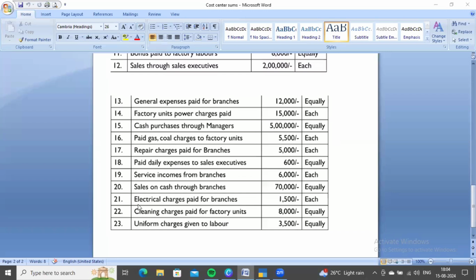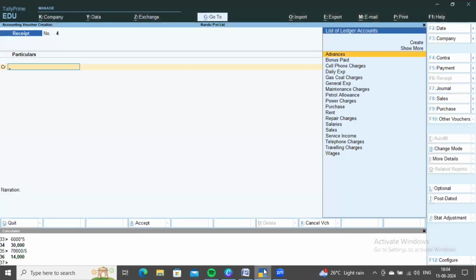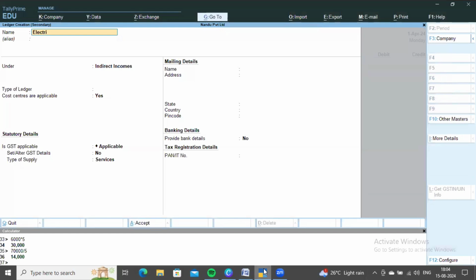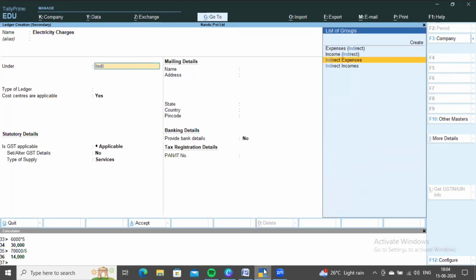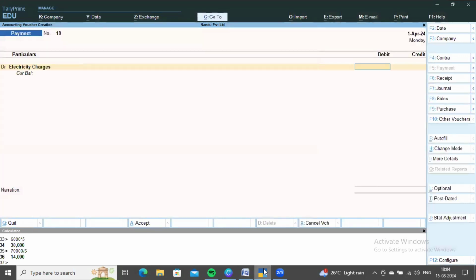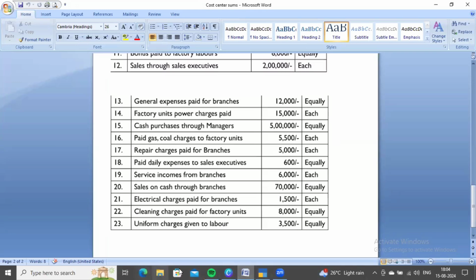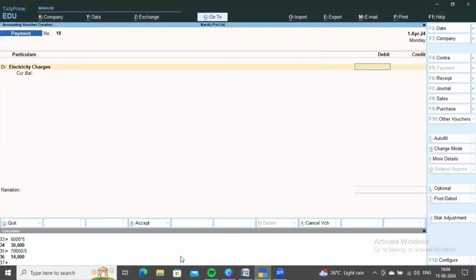Yes, next transaction is electrical charges paid for branches. So it is a payment, right? Go to payment voucher and create electricity charges under indirect expenses, and the total amount is 1,500 each.